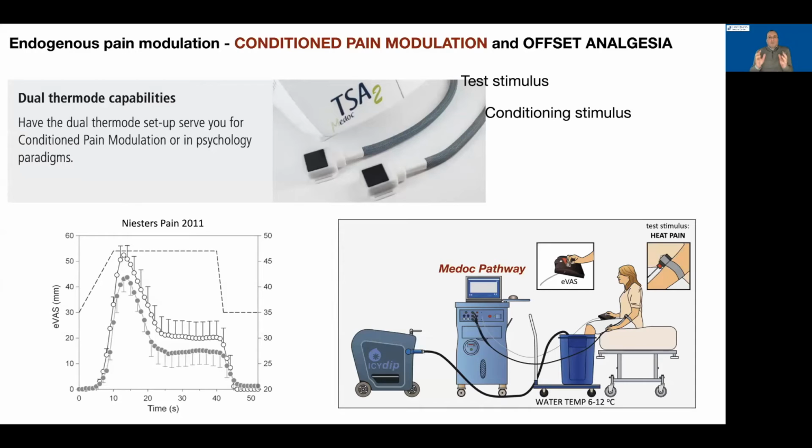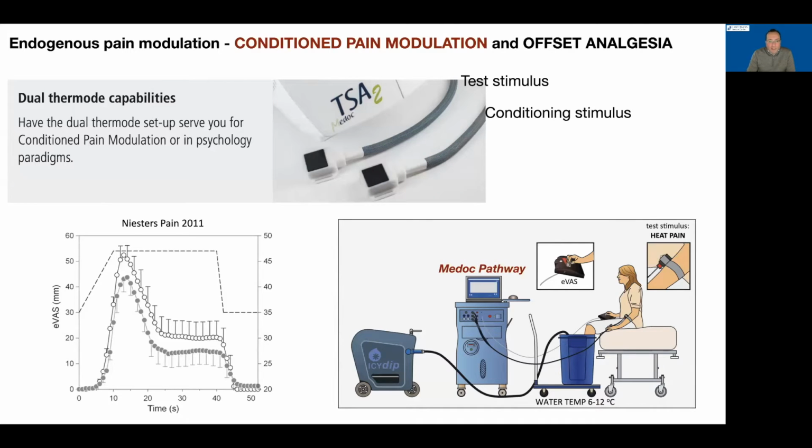Now, apart from the QST, you need to realize that there are other tests possible, and you can make them as complex as you will. And here, for instance, this slide focuses on conditioned pain modulation. And what is conditioned pain modulation?